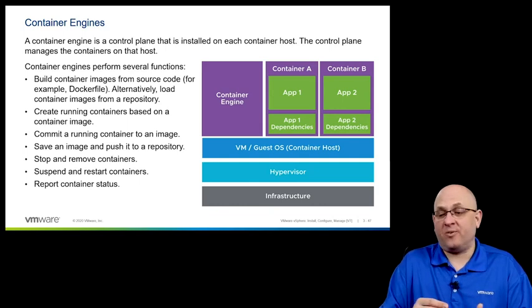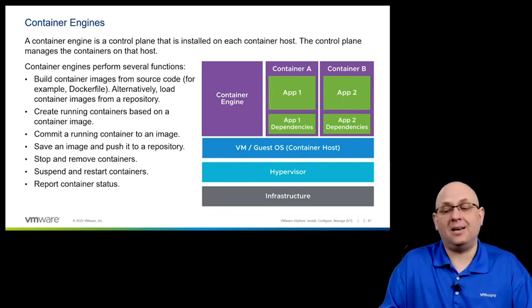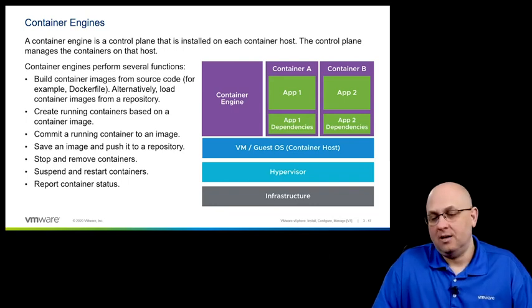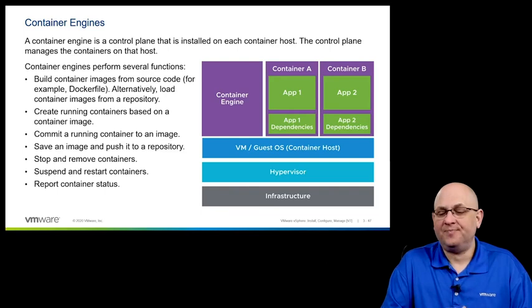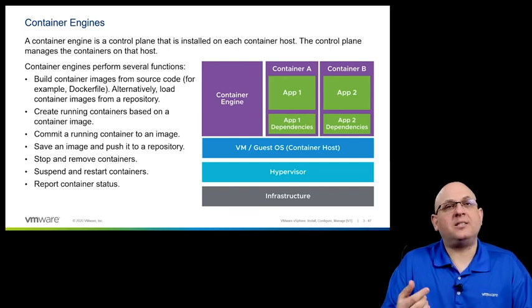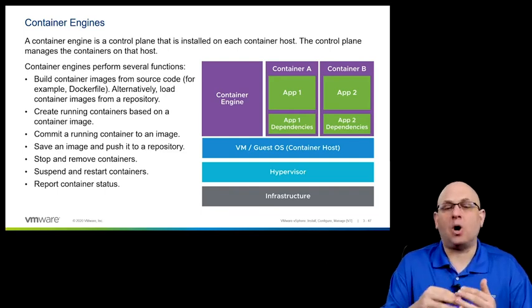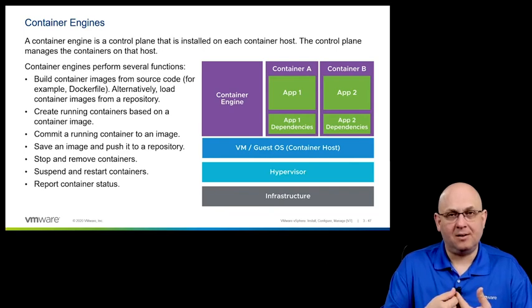It allows me, first of all, to build the container itself. Now, there's usually a plain text file, like in the example of Docker, it's called a Dockerfile. A Dockerfile is a text file that describes the commands that are required to build the container.